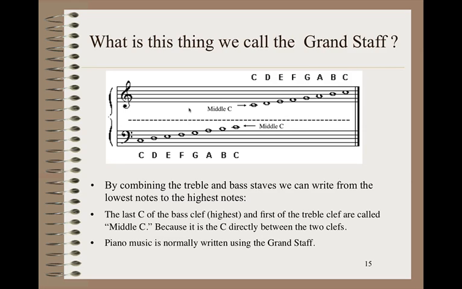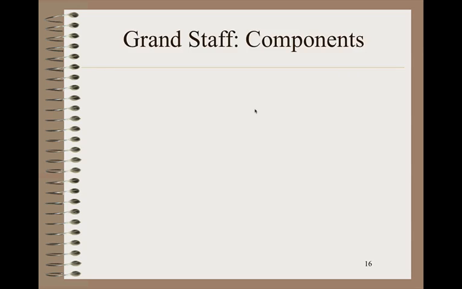The reason for this gap over here is to show that right in the middle would be the same note, just so that you can read the notes easier. So again, we have A, B, C, and then D, E, F, G. If the C is there, that's showing it on the bass clef. The C here is showing it on the treble clef.